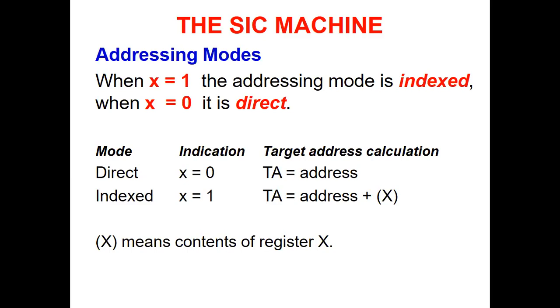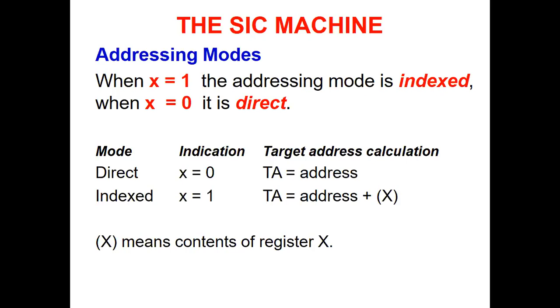We talked about the addressing modes or the instruction formats. The simple SIC had only one format, which begins with an opcode. Then there is bit number 9, which is used to specify the addressing mode.